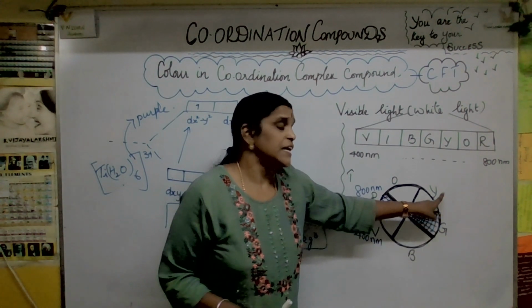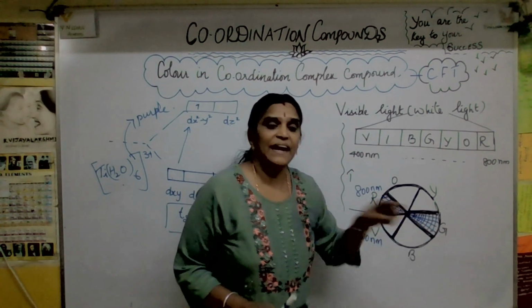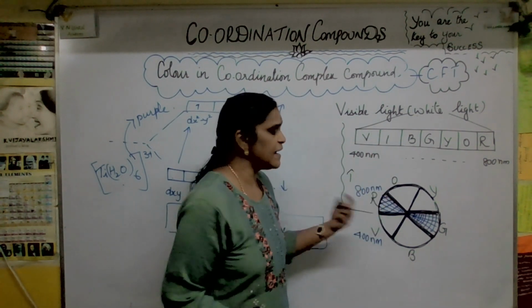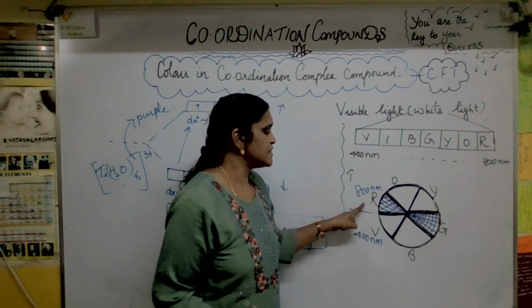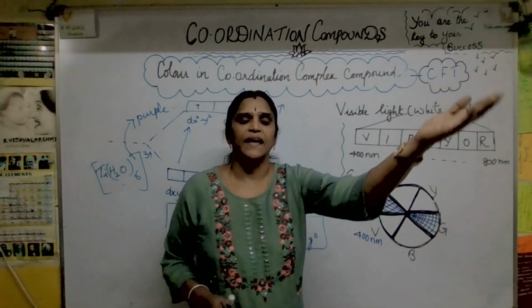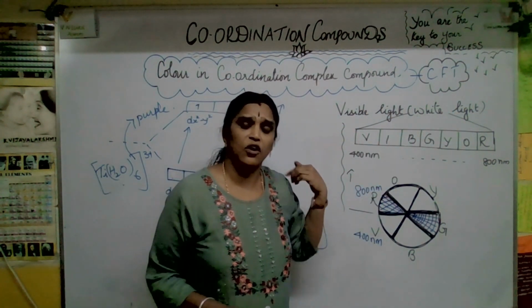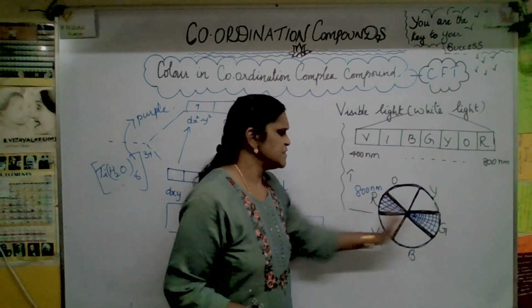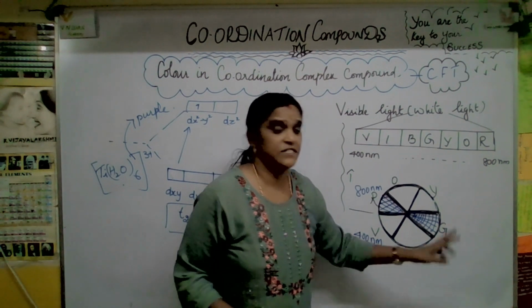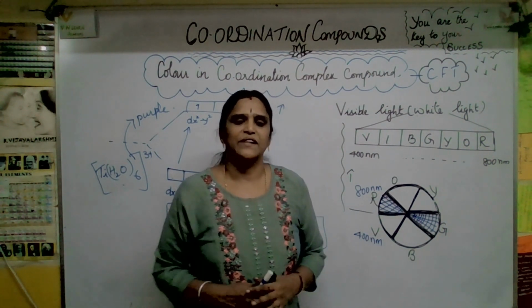It absorbs yellow and green from the white light, that is radiation, and emits what color? Red and violet. So from the higher region to the lower region or from the lower region to the higher region, just the opposite. Please remember ROY and VBG, like you just remember this chakra.